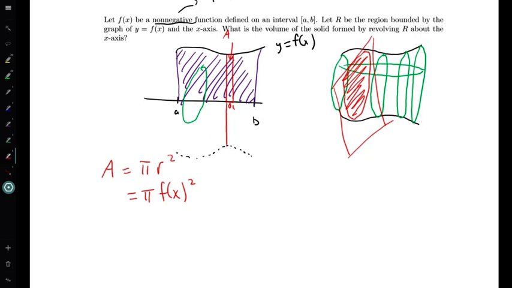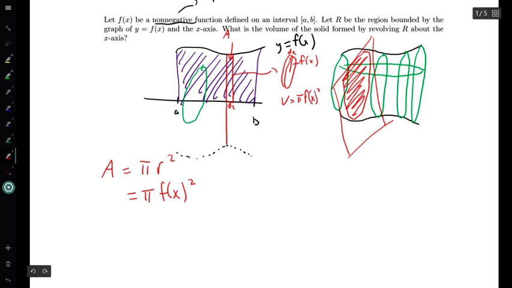If I revolve that area, that rectangle there, then what I end up getting is a disk. That disk then has width or height equal to dx, and it has radius equal to f of x, and so its volume is exactly equal to pi times the radius squared, so pi times f of x squared.